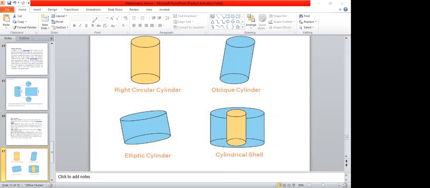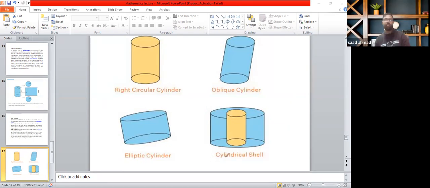How many degrees does a cylindrical shell have? This one is a right cylindrical shell, because this angle is 90 degrees. If this angle is 90 degrees, then it's a right cylindrical shell.